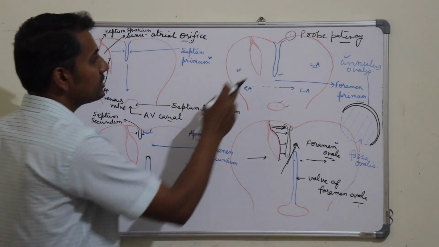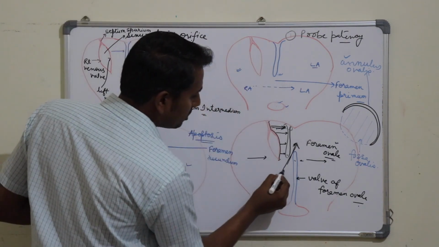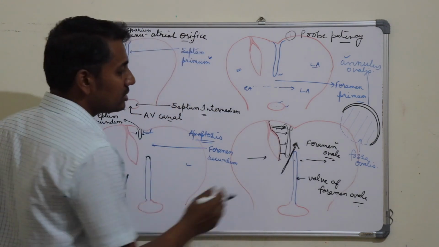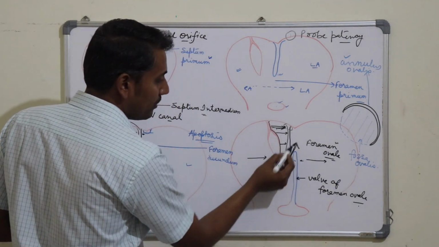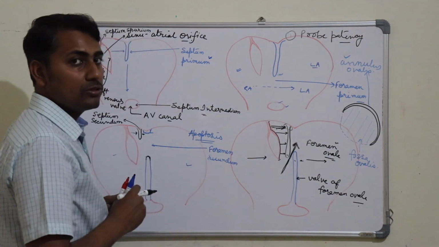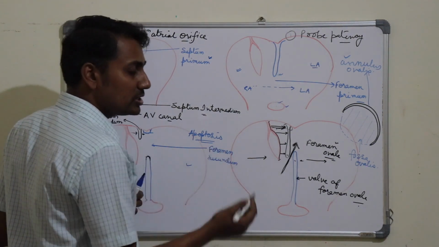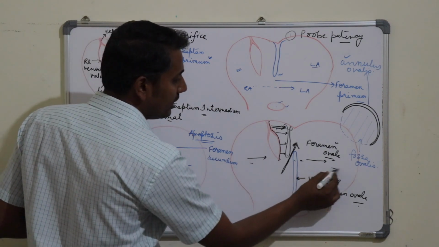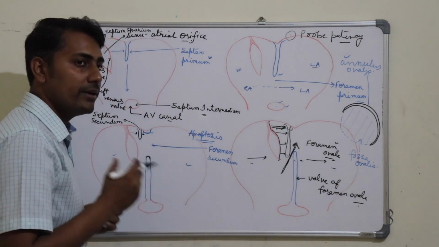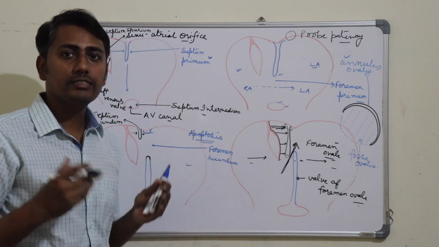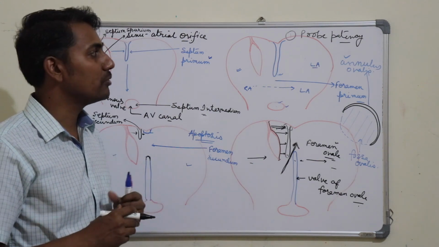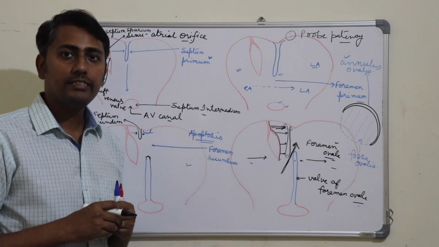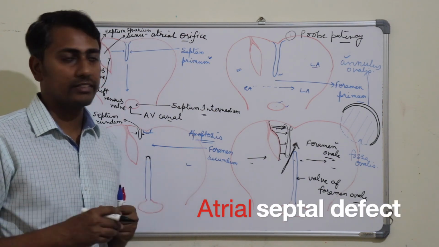In this, a simple probe can be passed through this foramen ovale, but this probe-patent foramen ovale will not be able to cause any functional intracardiac shunting of blood from the right atrium towards the left atrium. Therefore, the patient will not be clinically symptomatic. This occurs in approximately 25% of people. Second is the atrial septal defect.